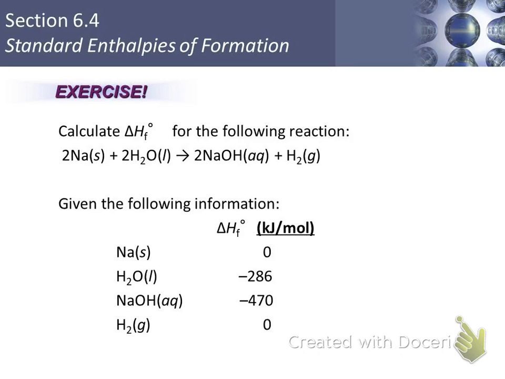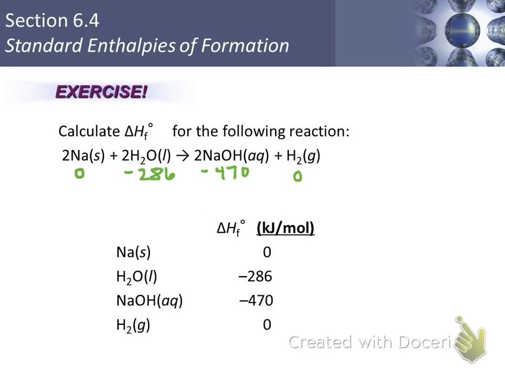Okay, so sodium we know is 0. H2O we know is negative 286. NaOH we know is negative 470. And H2 we know is 0. Okay, what do we need to do with sodium?